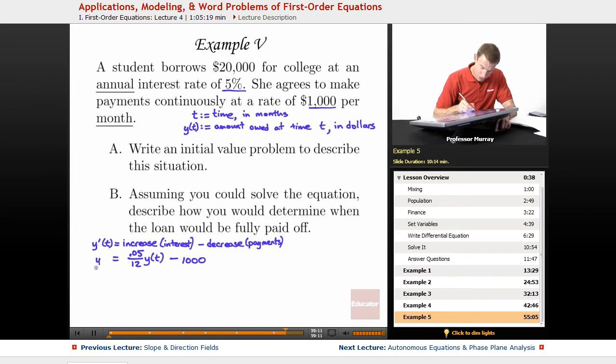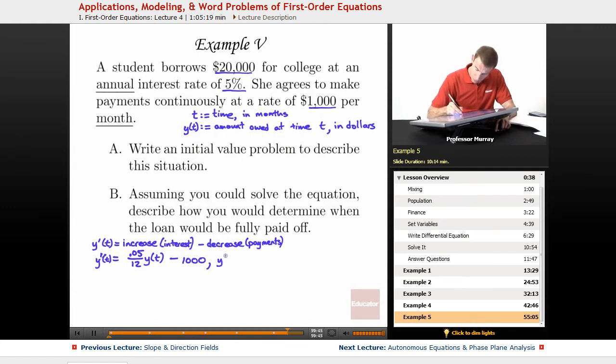And so what we have is y prime of t. Y prime of t is equal to 0.05 over 12 y of t minus 1,000. What we've done there is we've written a differential equation that describes the amount she owes at any given time and how it's changing. We also need an initial condition, so that's the amount she owes initially, which is $20,000.